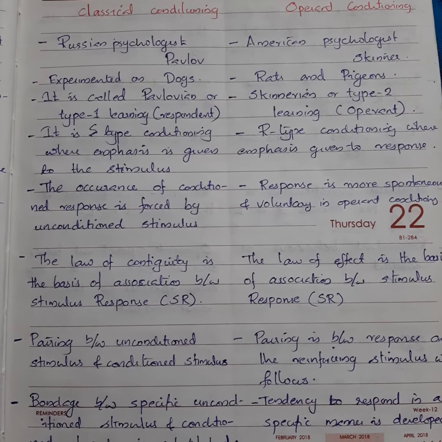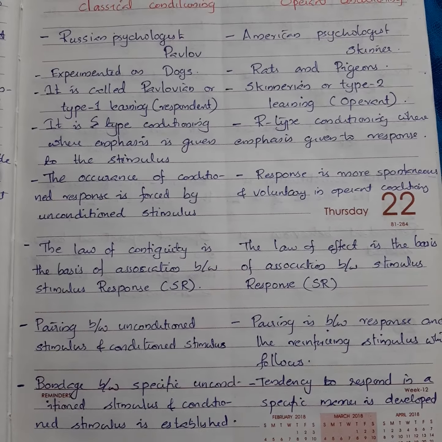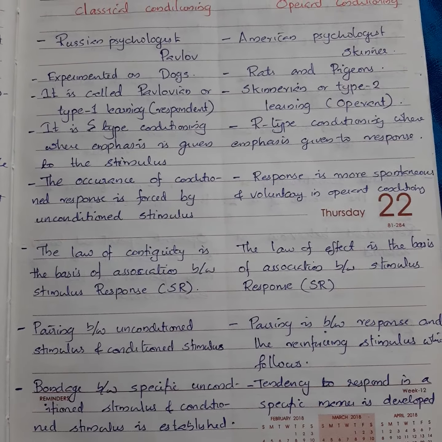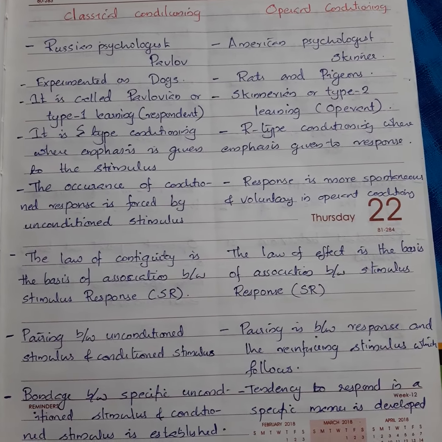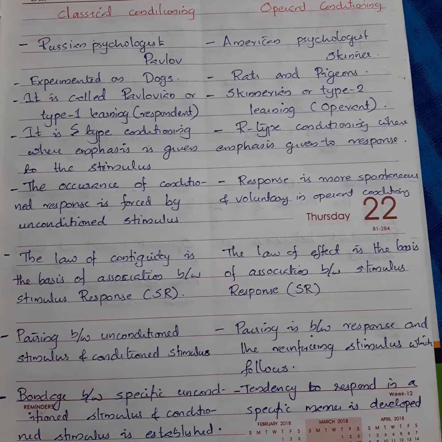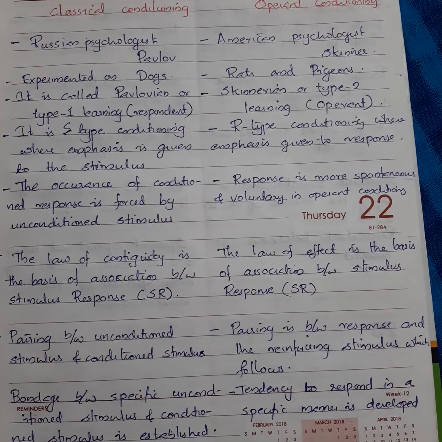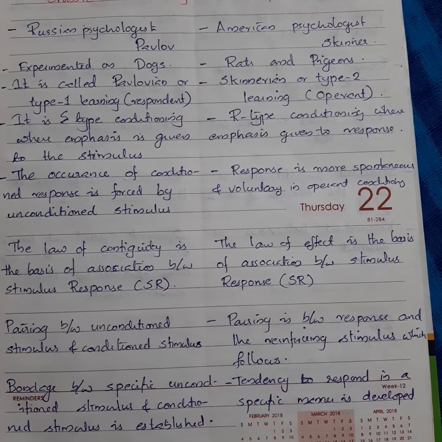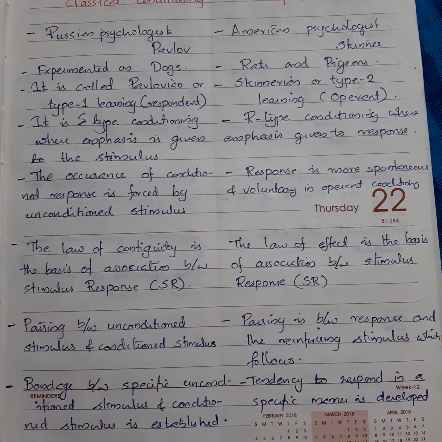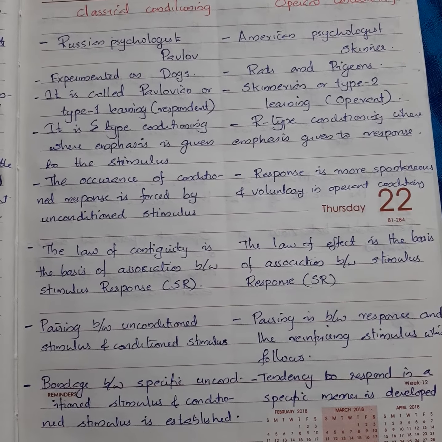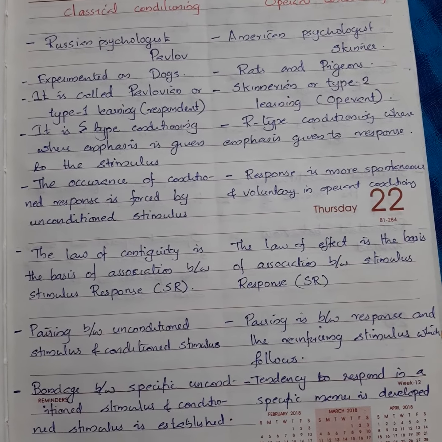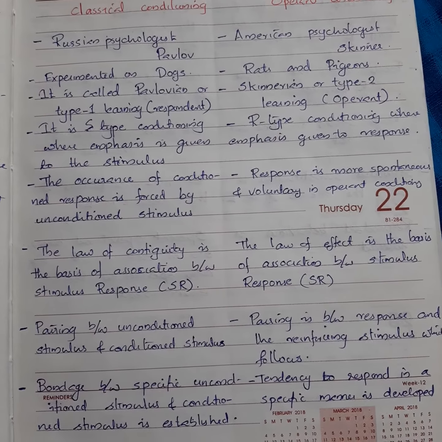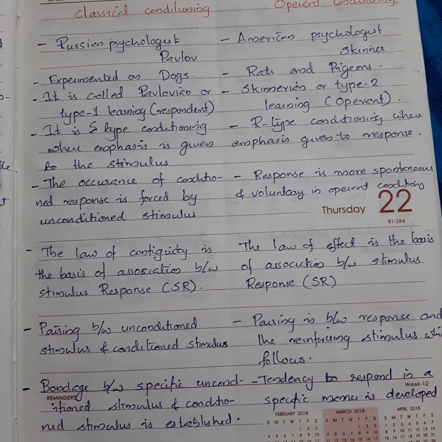In classical conditioning, pairing between the unconditioned stimulus and conditioned stimulus occurs, whereas in operant conditioning, pairing takes place between the response and the reinforcing stimulus which follows. In classical conditioning, there is a bond between a specific unconditioned stimulus and conditioned stimulus.